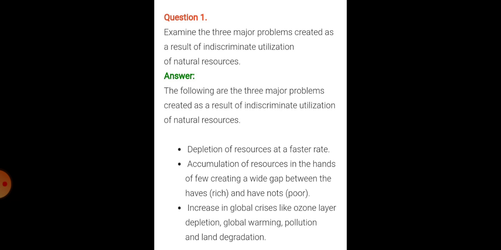Second is accumulation of resources in the hands of few, creating a wide gap between the haves, that is the rich section, and have nots, that is the poor section of the society. Third and the main problem is increase in global crises like ozone layer depletion, global warming, pollution and land degradation. So these are the three problems which you have to just mention in this answer.